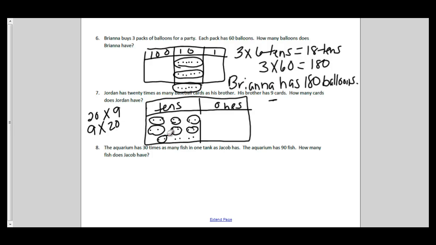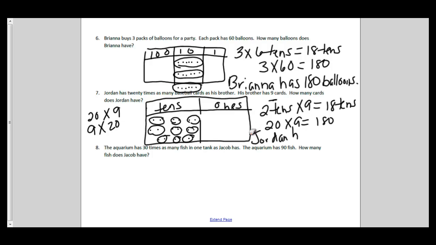All right, so I have 2 tens times 9, which equals 18 tens. So 20 times 9 equals 180. So how many cards does Jordan have? Jordan has 180 cards. If you haven't tried any by yourself today, I hope that you'll try problem number 8 and then come back and check.